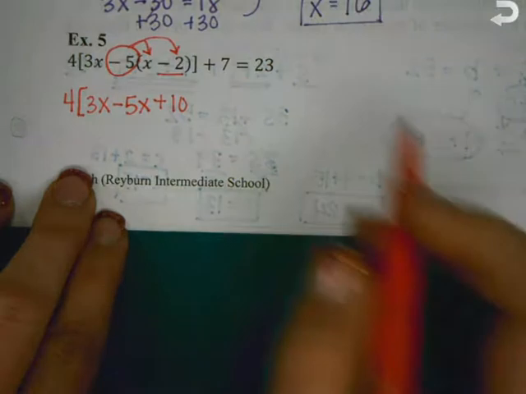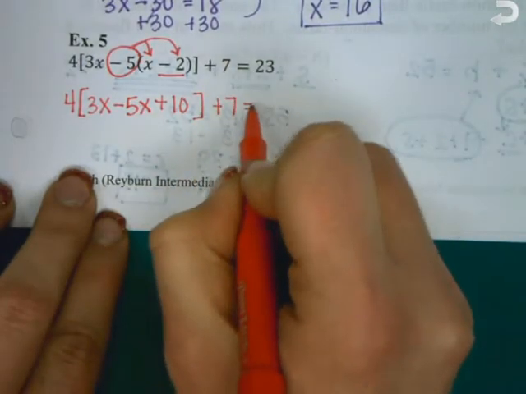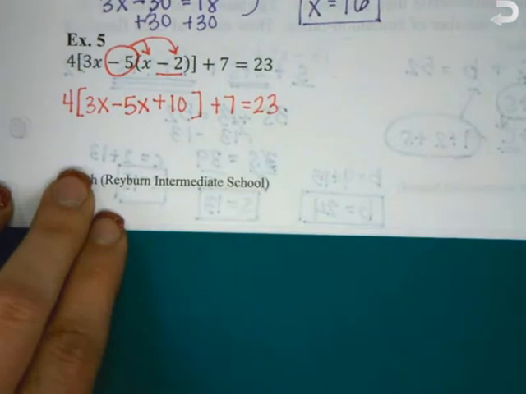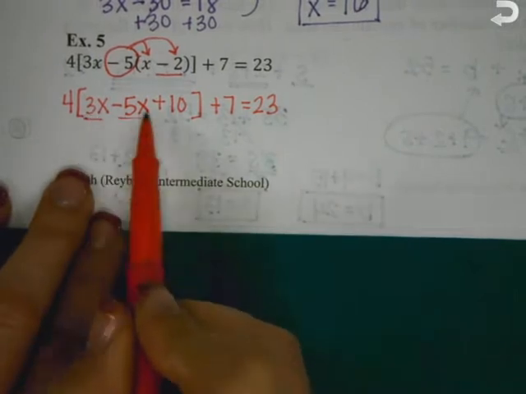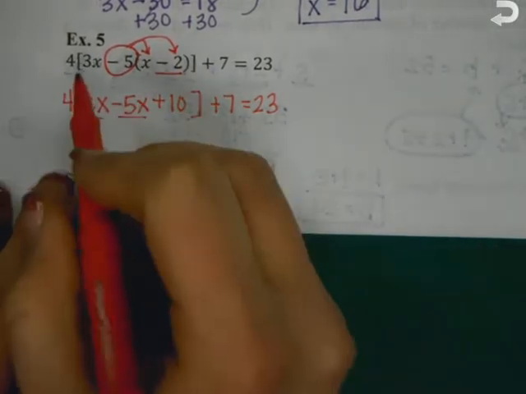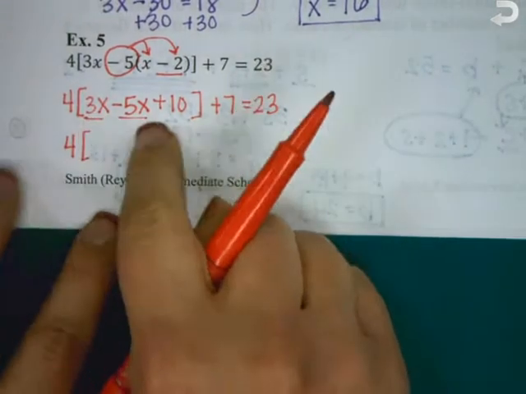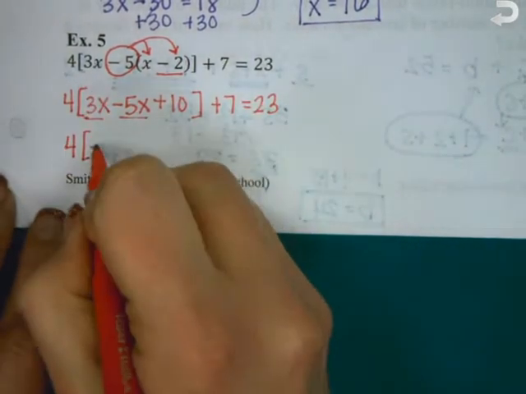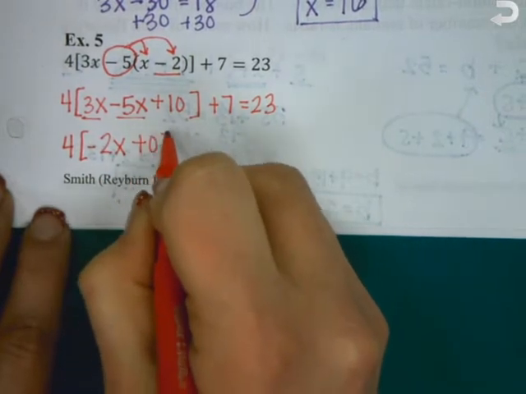Okay, anything else? Distribute the 4. Okay, before we distribute the 4, let's make it easier on ourselves. Let's combine like terms. So we have 4 bracket 3x minus 5x, negative 2x plus 10 bracket plus 7 equals 23.